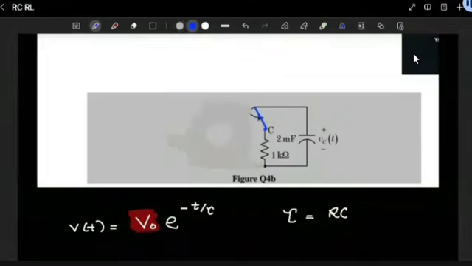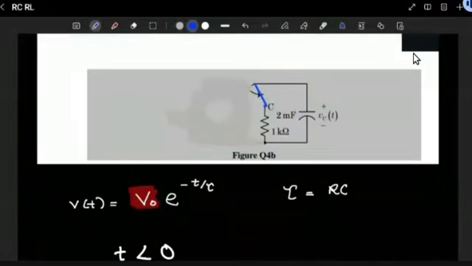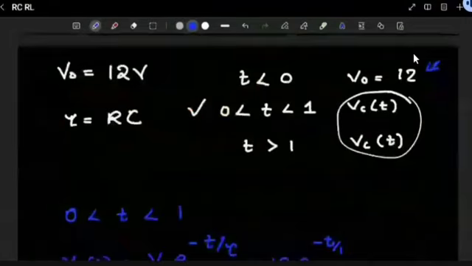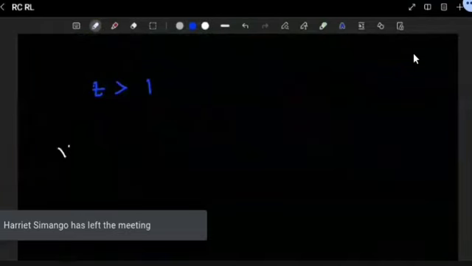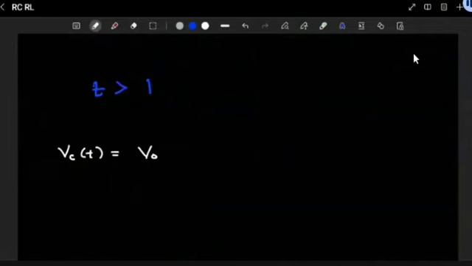What does it mean? So for this case now, we also want to find what VC is. So looking at t greater than 1, we know that VC(t) is equal to V0. V0 is the initial.